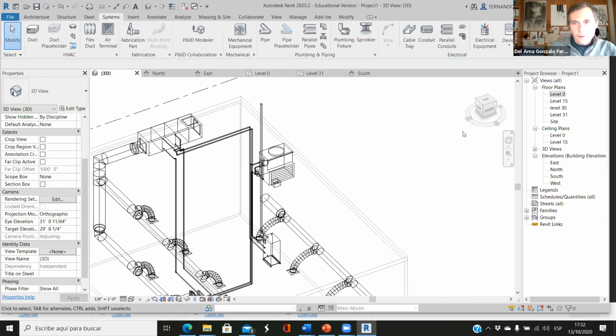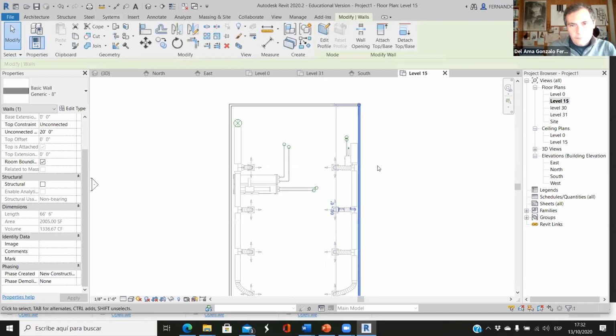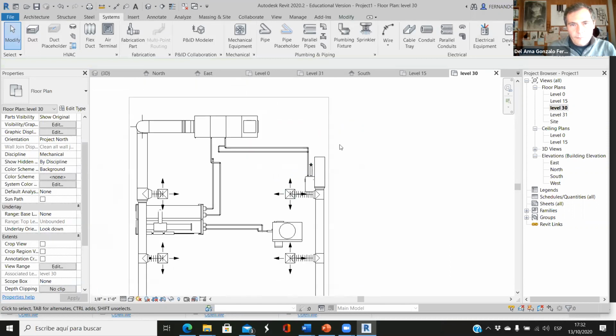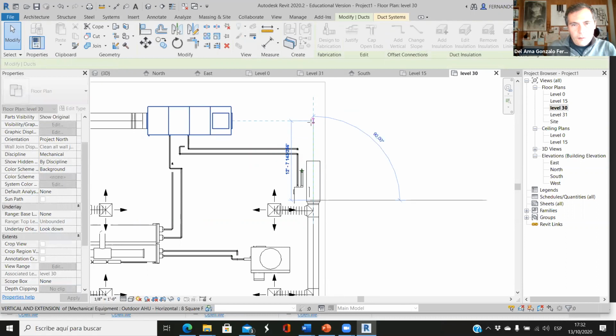So on level 15, no, level 30. So we have to go up.